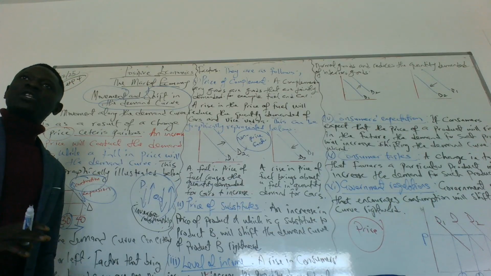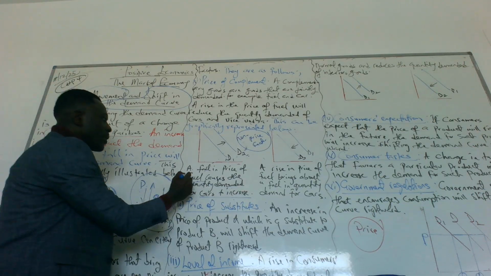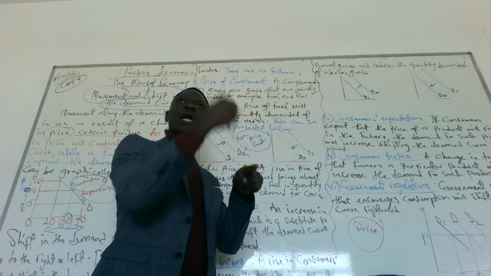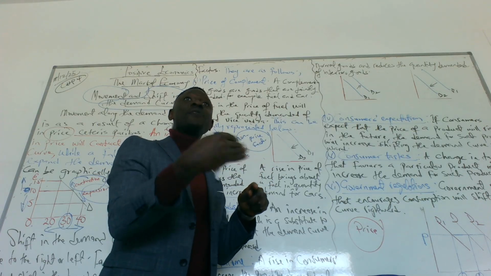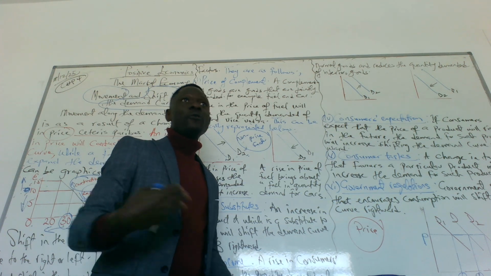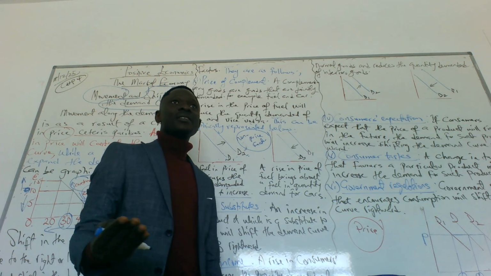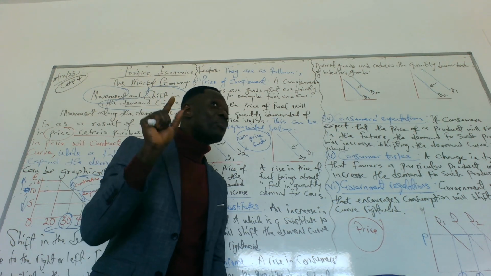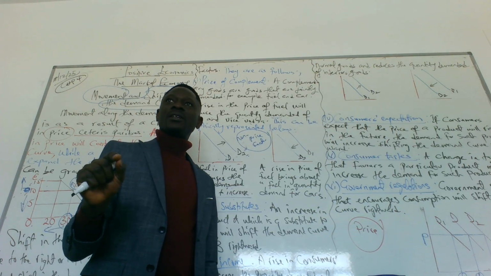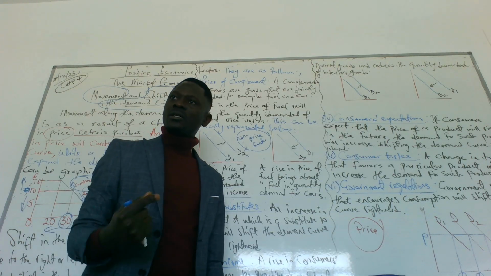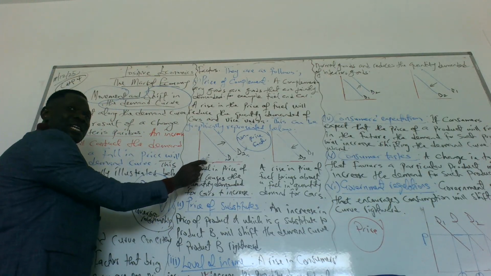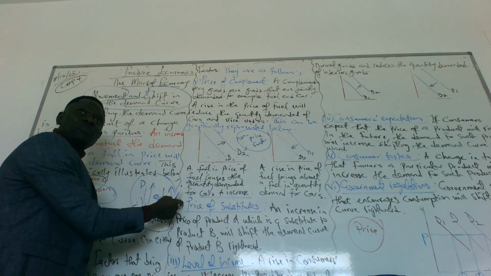The price of fuel, which is used for cars, they are complements. The price of fuel has reduced. The quantity demanded for cars increases because it becomes cheaper to buy fuel, and we need fuel for cars. This is not price, it's a non-price factor. So this is a fall in the price of a complement.